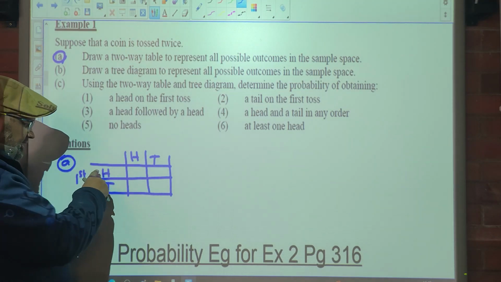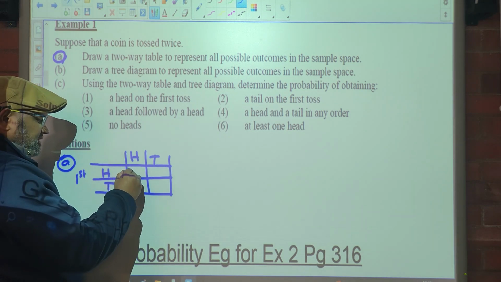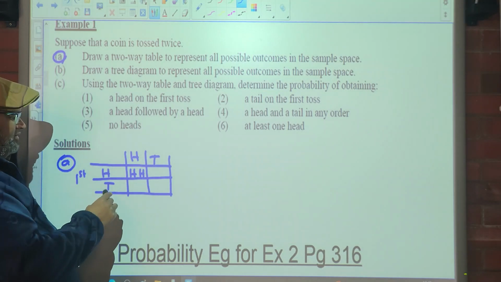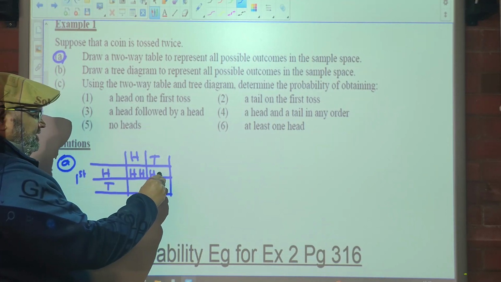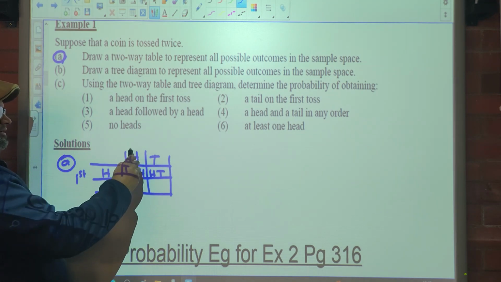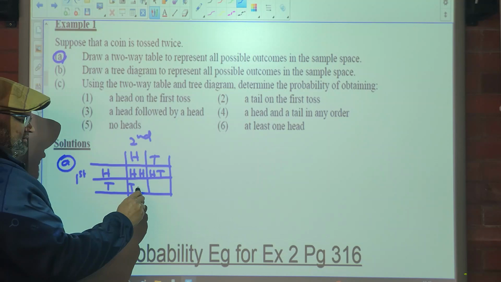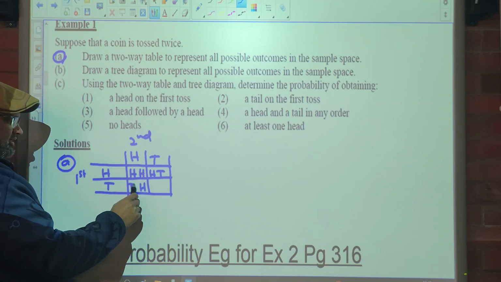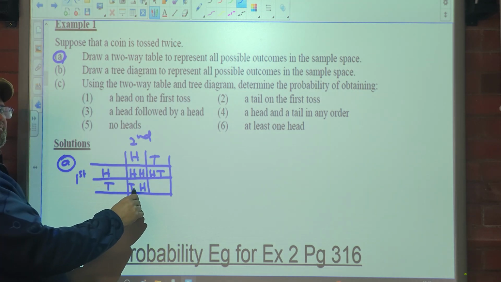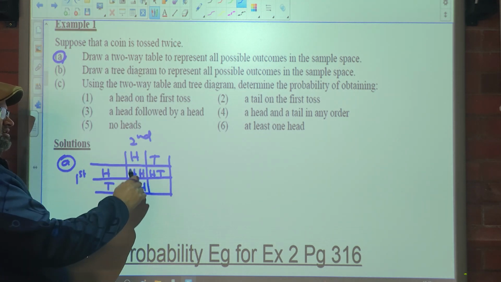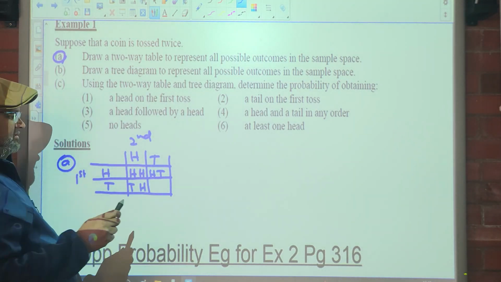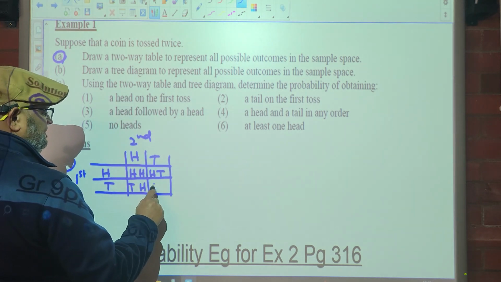So, if the first coin is heads, the second coin could be heads as well. Not so? Or if the first coin is heads, the second coin could be tails. If the first coin is tails, then of course the second coin could be heads, or tails. I write tails heads so that I don't miss out on any outcomes. Do you see that?